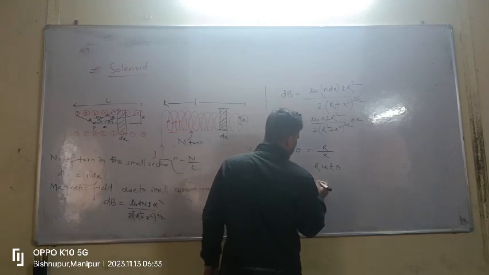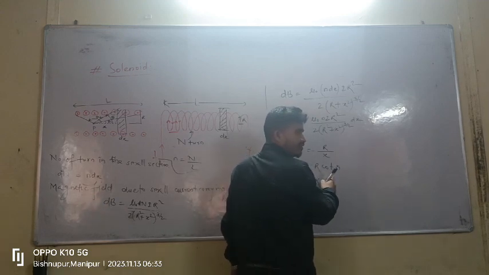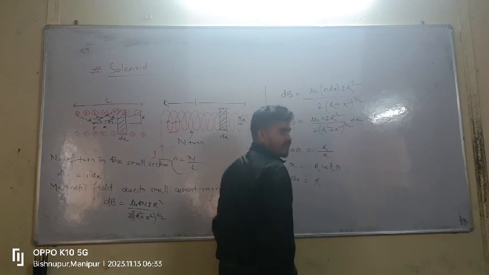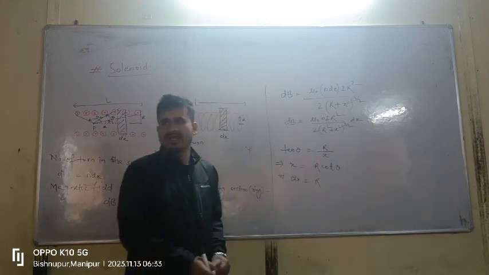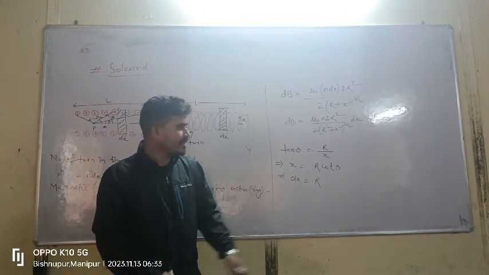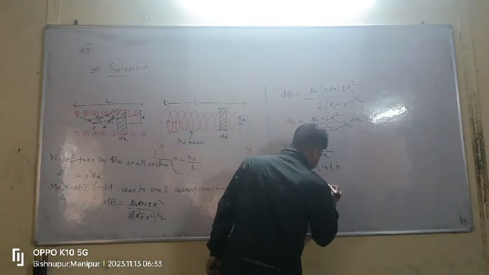dx equal to r. Tell me, what is the value of the differentiation of cot theta? Do you remember? It is not tan, it is cot. Minus cosec square theta.